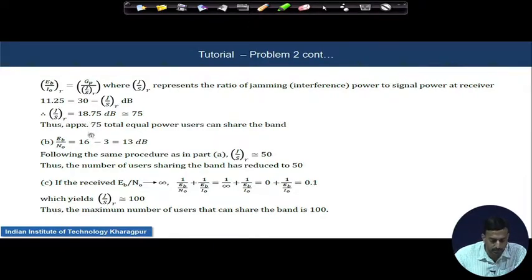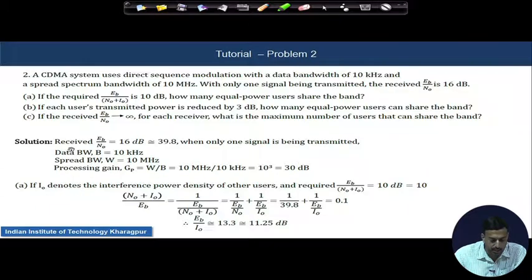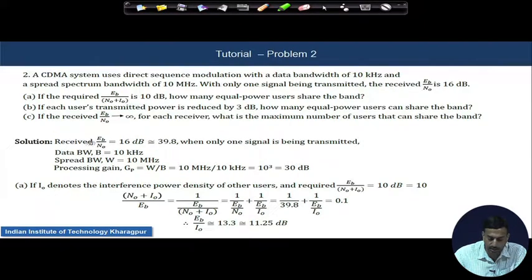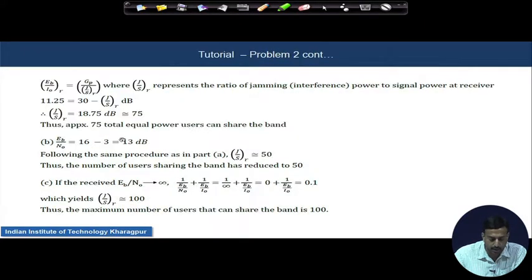In the next problem, we have been told that each user's transmit power is reduced by 3 dB. Since the noise PSD remains the same, a reduction in the user's transmit power results in a reduction in the user's energy per bit, and therefore the original value of 16 dB which was specified is now reduced by an amount of 3 dB.